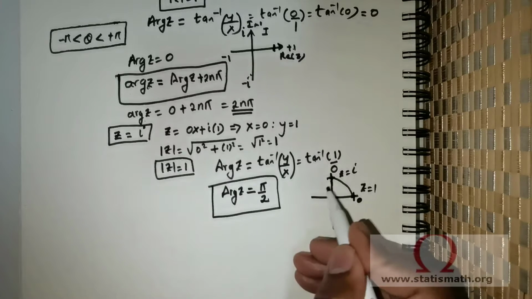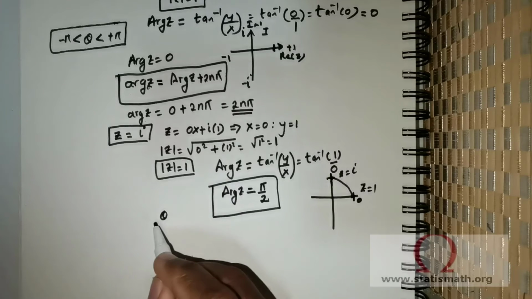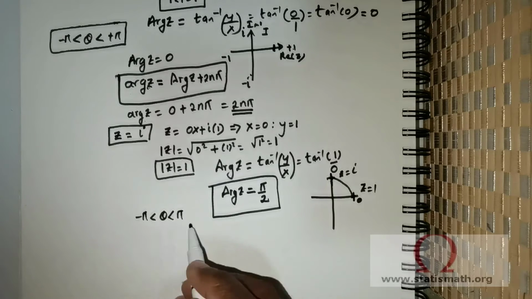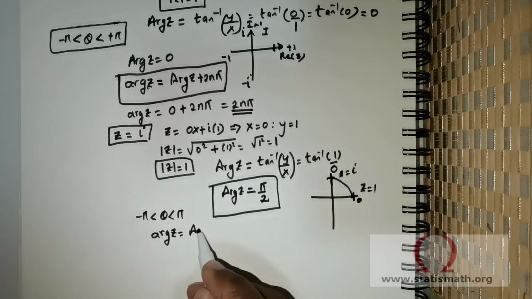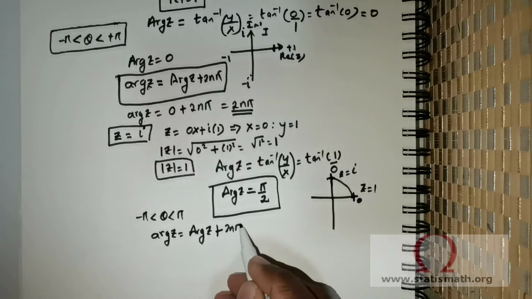Now this is actually not complete, because we are expected to find that value of theta which satisfies the interval negative pi to pi, and that is given by the formula: argument of z is equal to capital Argument of z plus 2n pi.